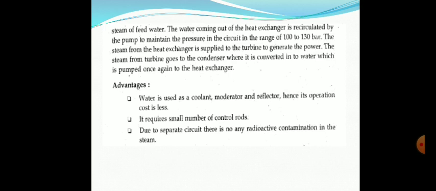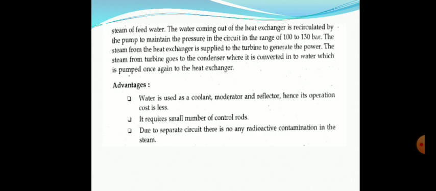The steam from the heat exchanger is supplied to the turbine to generate the power. The steam from the turbine goes to the condenser where it is converted into water, which is pumped once again to the heat exchanger.